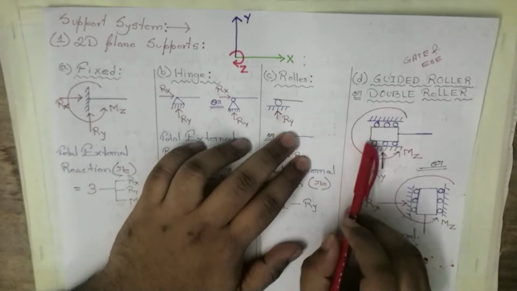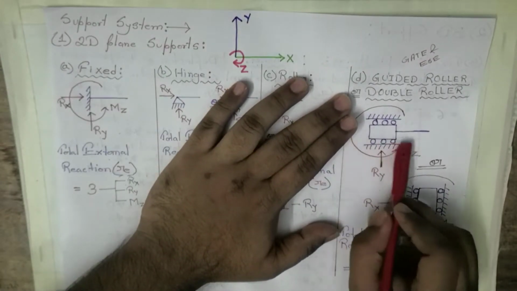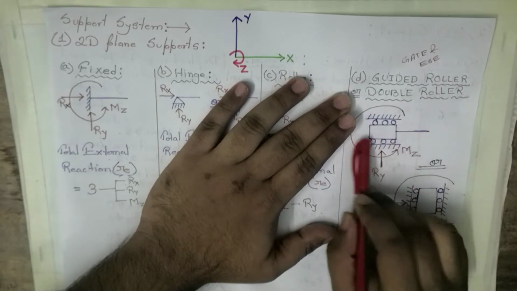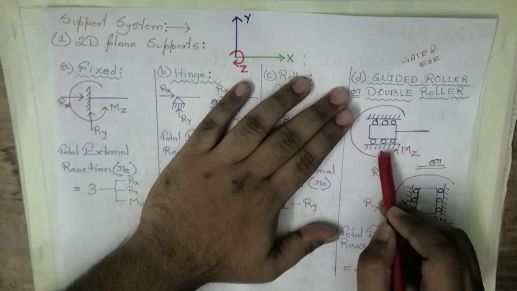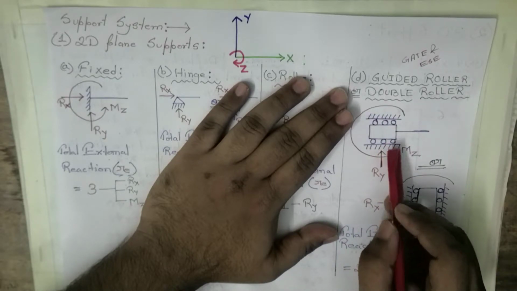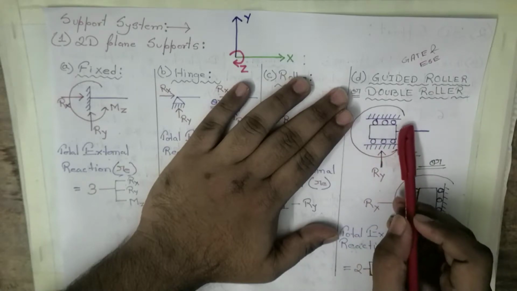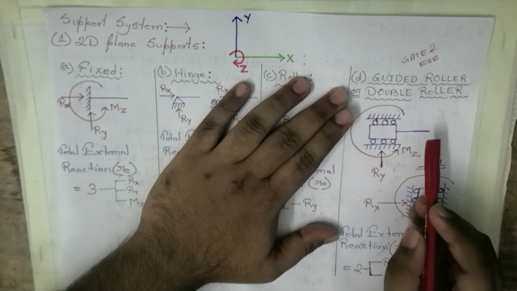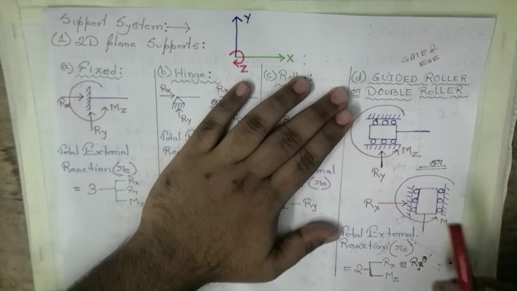Now in this particular roller support, we can see that the horizontal movement in x direction is permitted. So it can move along the x direction, and it is restrained along the vertical direction, so its movement in vertical direction is restricted by Ry, and also Mz is the resisting moment which is not allowing this roller to rotate.